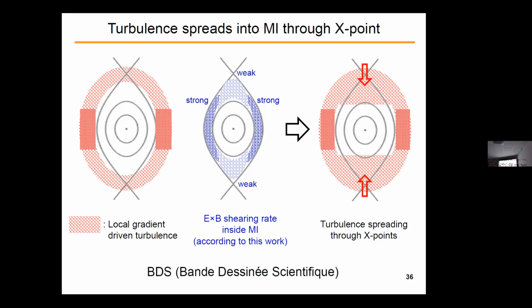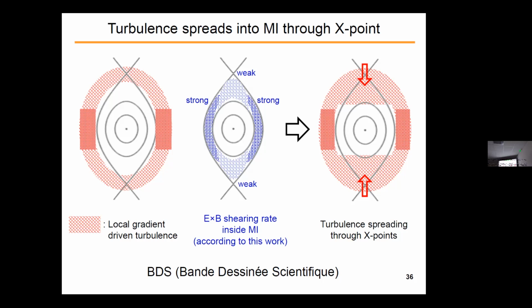So if you look at the E cross B shearing rate inside the magnetic island, for the E cross B vortex flow going around, just due to the geometric effect, the E cross B shearing rate is strong in this region, but gets very weak at the X point region.